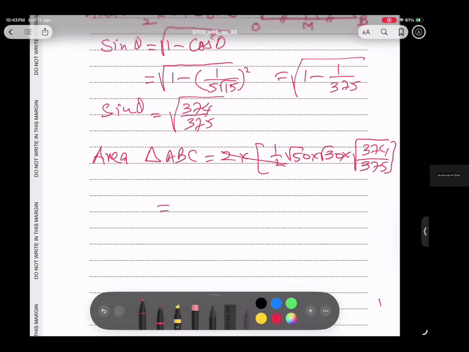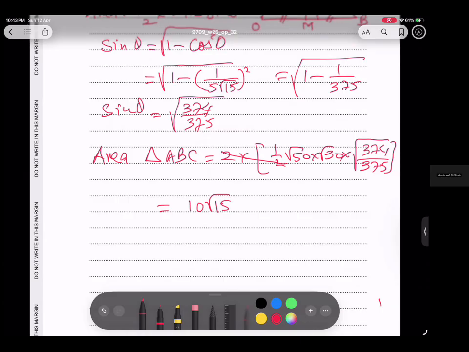What is root 30 times root 50? If we check it, it gives us 10 root 15. And I multiply with the whole thing, root 374 divided by 375. And wait a minute, let me check in the calculator.